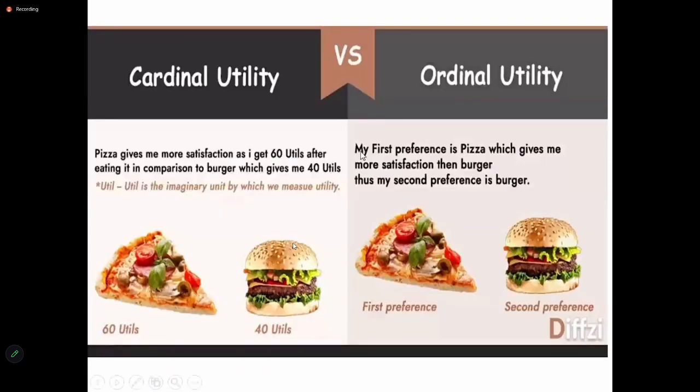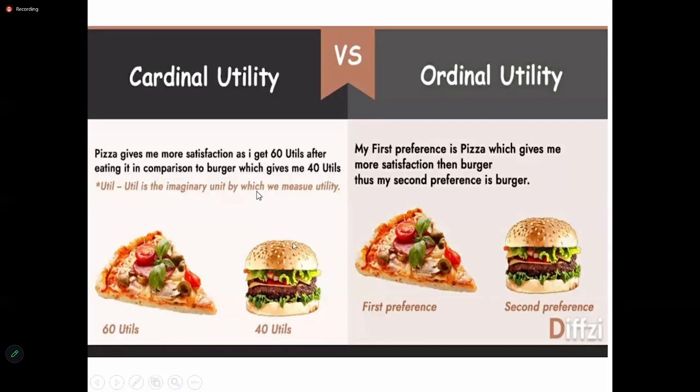See, in cardinal utility, for example, one consumer says pizza gives me more satisfaction, as I get 60 utils. They are measuring satisfaction by numbers, just 60, after eating it, in comparison to burger, which gives me 40 utils. That is cardinal utility. You should remember utility is an imaginary unit by which we measure utility.